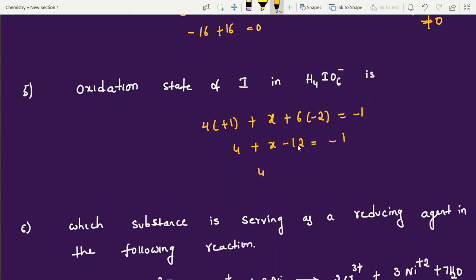Then you have to calculate. So X equal to 12 minus 4, this is 8, 8 minus 1, 7. So you will get X equal to plus 7, iodine has plus 7 oxidation state. Clear? Now going to the next question.